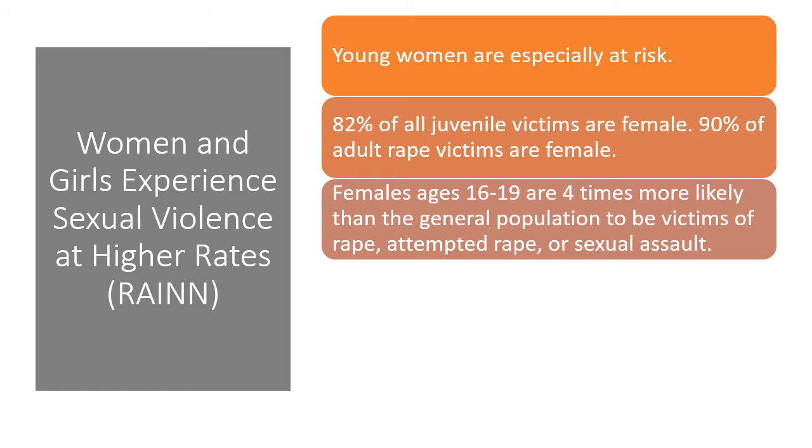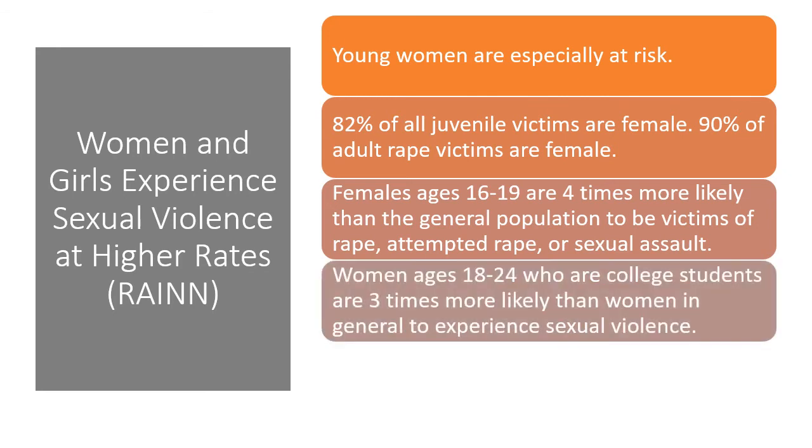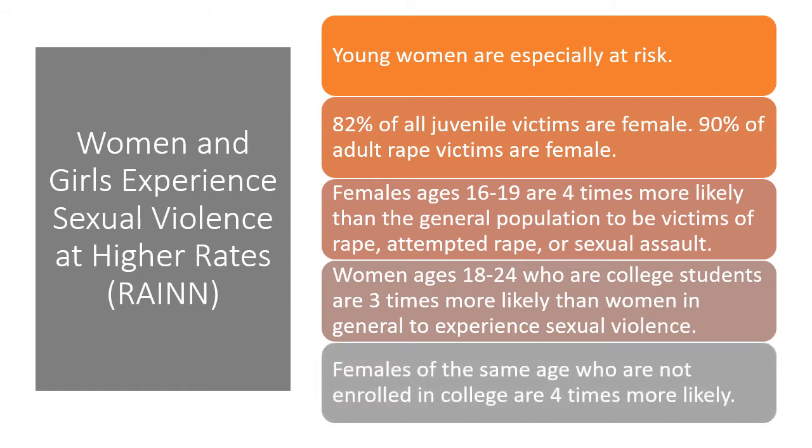RAIN also reports that girls between 16 and 19 are significantly more likely than people in the general population to report rape, attempted rape, or other forms of sexual assault. Women between 18 and 24 who are college students, so that should prick up your ears, are 3 times more likely than women generally to be exposed to sexual violence.